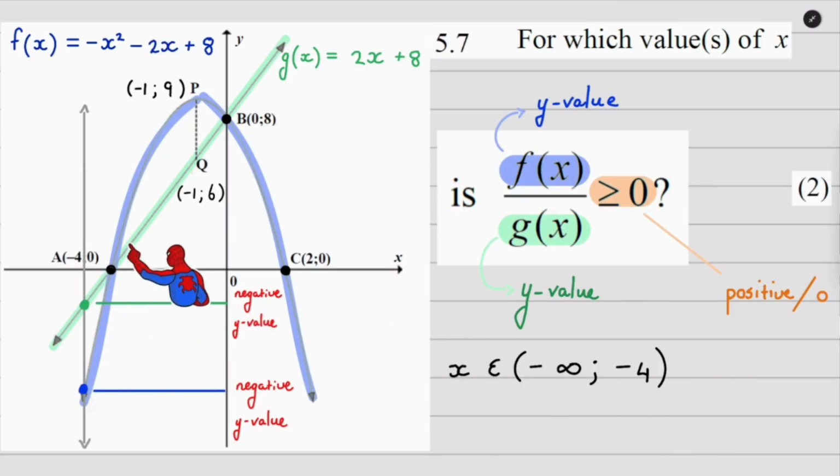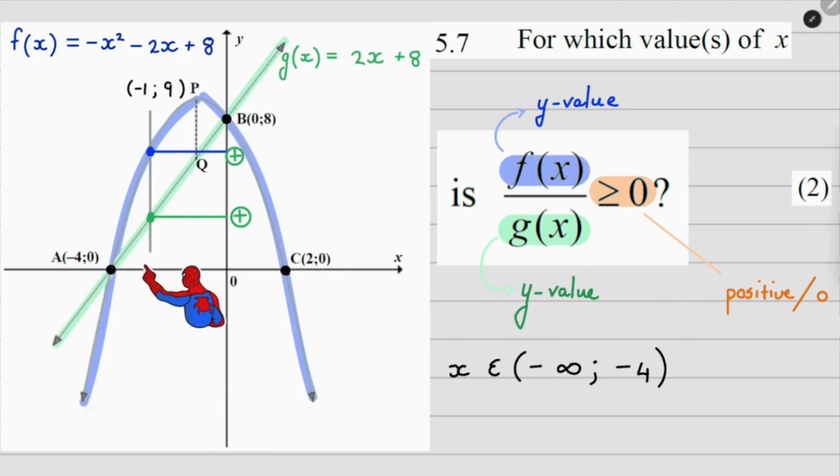Okay, now we're going to move along the graph. Now I'm going to draw the vertical line here and analyze. Okay, and if I draw my vertical line over there, the blue graph has a positive y value, and the green graph also has a positive y value. So I'm going to get a positive divided by a positive, which will give me a positive number. So it's working over there, and it keeps working until I reach this point.